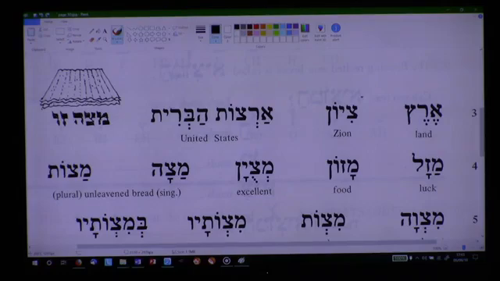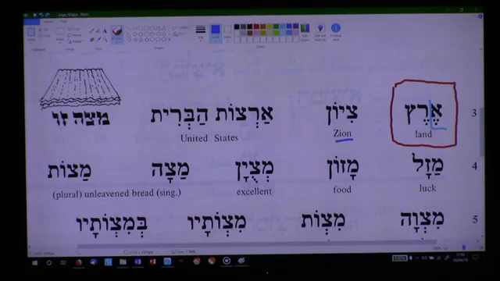And one of the first words that we have to deal with is this word for land, and how would it be pronounced? It would be Eretz. Eretz, land. They say the scriptures talk about the land of Israel. It is called Eretz Israel.